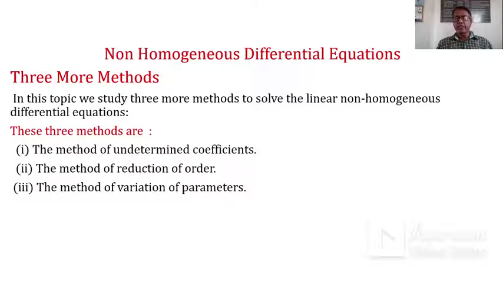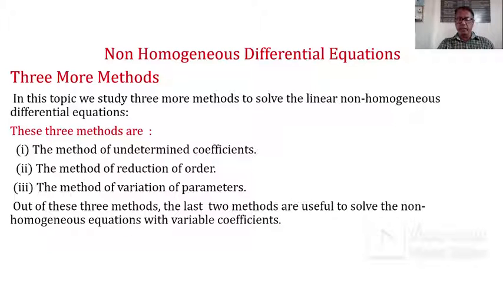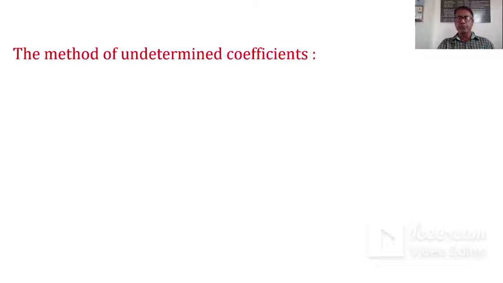But the next two methods we are able to use to solve the non-homogeneous linear differential equation with variable coefficient also. Both for constant and variable coefficient, we are able to use these next two methods. Now here, first we see the method of undetermined coefficients.